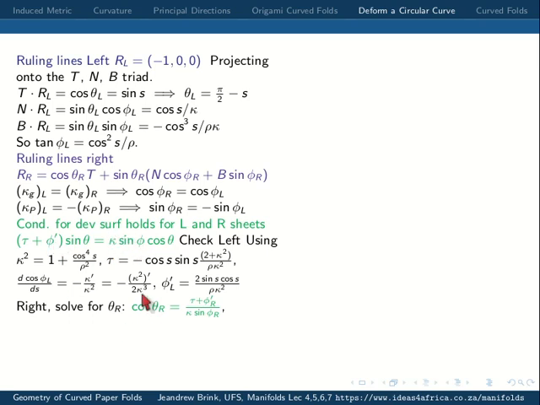So I have an expression for cot of theta r. Now I know that tau and kappa are for the curve, and that's common, so it's the same, and you already have those as functions of S. I know that phi r is simply minus phi L.